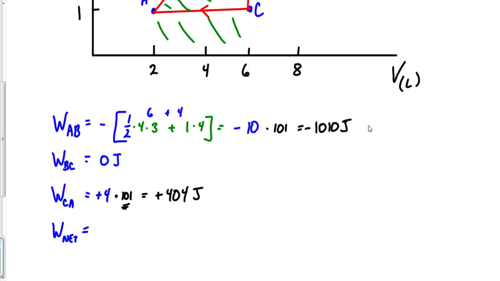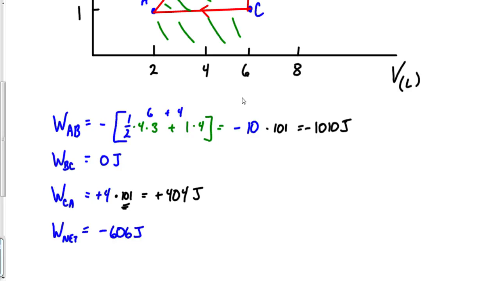Which means, what is all the work combined in this problem, which is going to be negative 1,010, 0, and 404 combined. Well, let's see. Subtract 400 from 1,000, 600. So 606. Negative 606 joules.